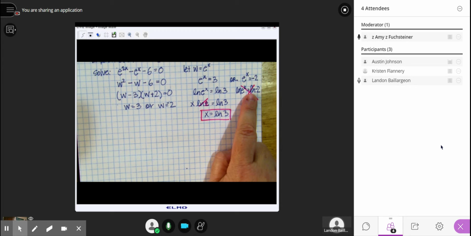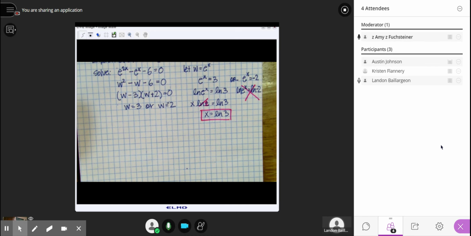You can't take the natural log of a negative number, right? Natural log of a, given that a is positive or greater than 0, and a is not equal to 1. So we can't do that part. So we're just left with the ln of 3.